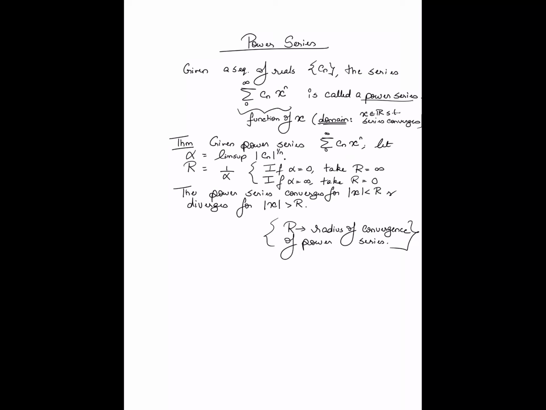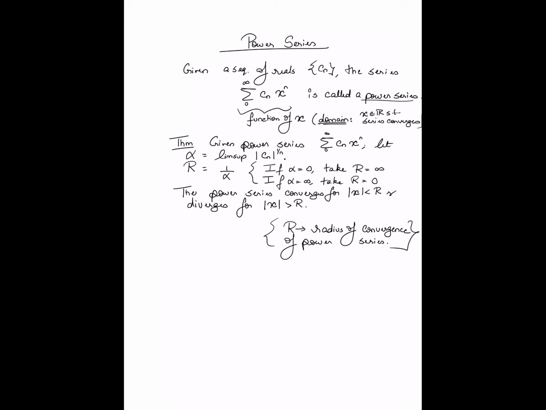So it doesn't confirm conclusively whether or not x equals plus minus R lies in the domain of the power series, but it almost specifies the domain. Namely, absolute value of x less than R belongs to the domain, and absolute value of x greater than R does not belong to the domain because the series under consideration diverges. Okay, so this is what we have to say about the domain of a power series.